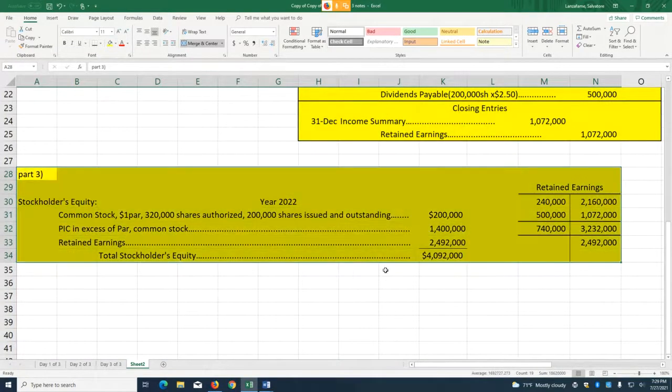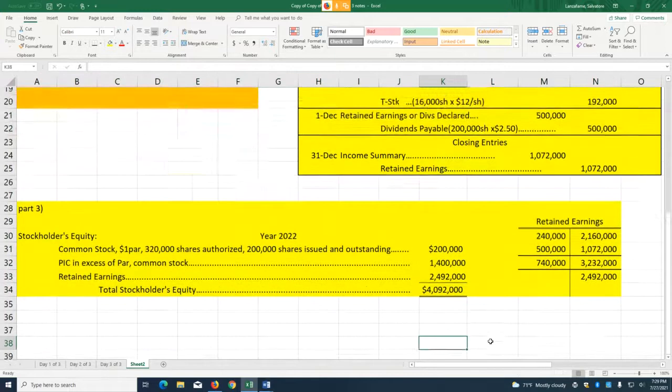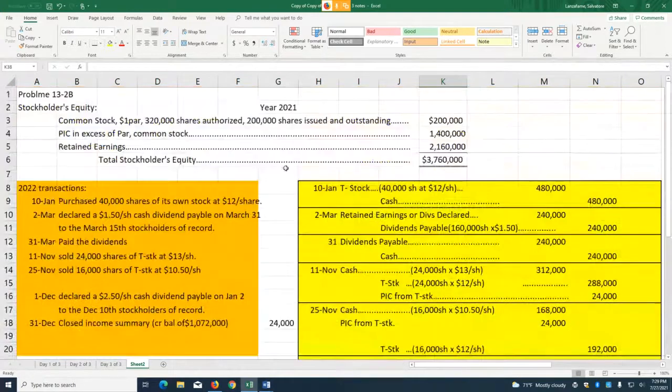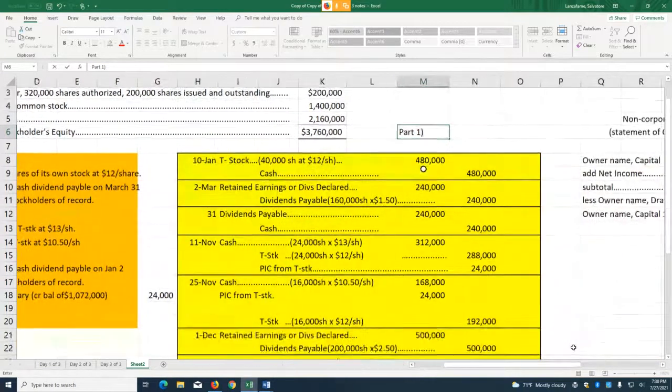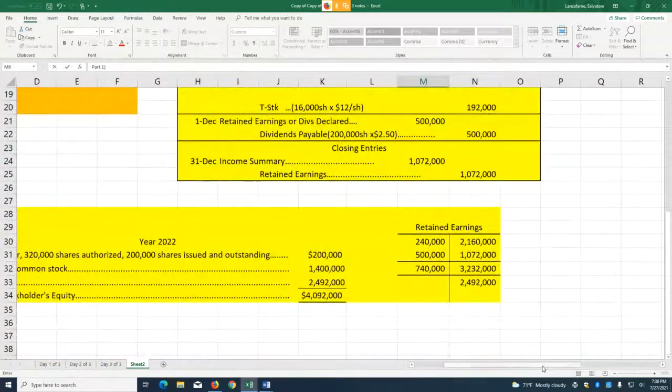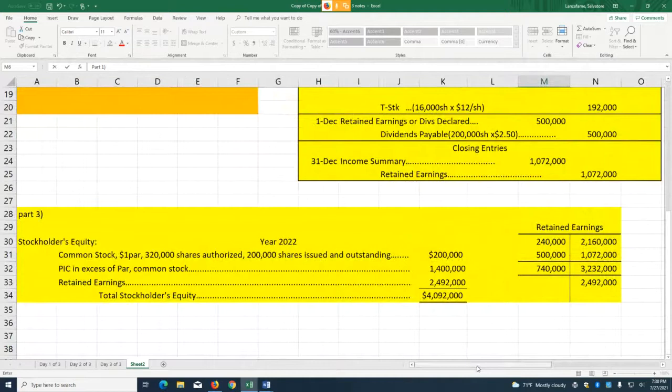You don't have to use the retained earnings T account, but I think it's good to help you do it. And then obviously this was part 1. So hopefully that gives you a little bit of help to do the one that I have to grade. It's going to be exactly the same, just the numbers are going to be a little different.